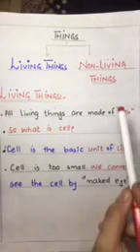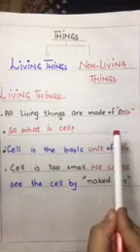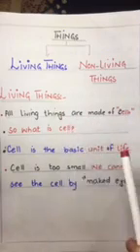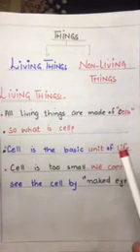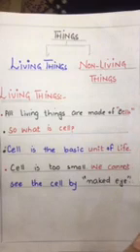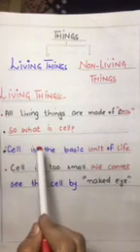These non-living things don't have the characteristics I told you before. Non-living things don't need food, don't excrete, don't reproduce, and don't move. So now we have to discuss what living things are.